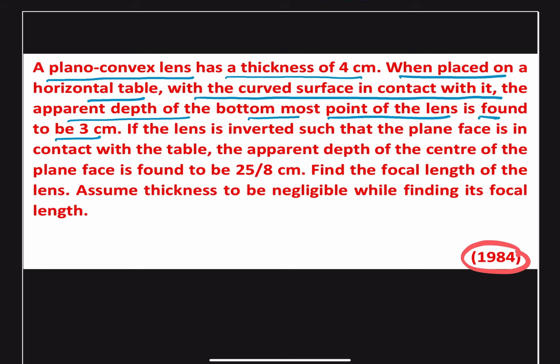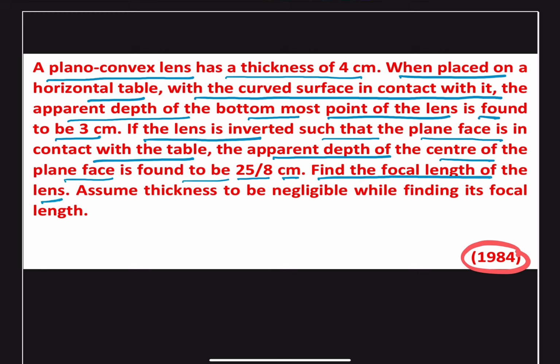If the lens is inverted such that the plane face is in contact with the table, the apparent depth of the center of the plane face is found to be 25 by 8 centimeters. Find the focal length of the lens. Assume the thickness to be negligible while finding its focal length.